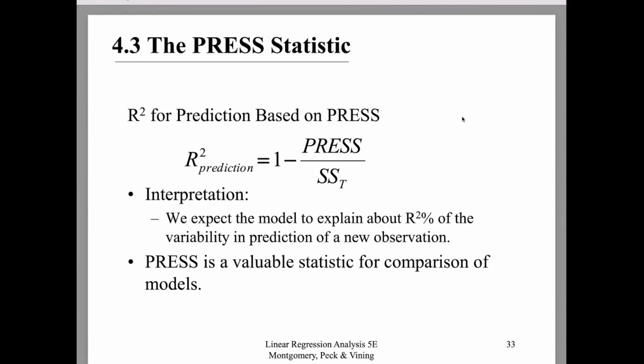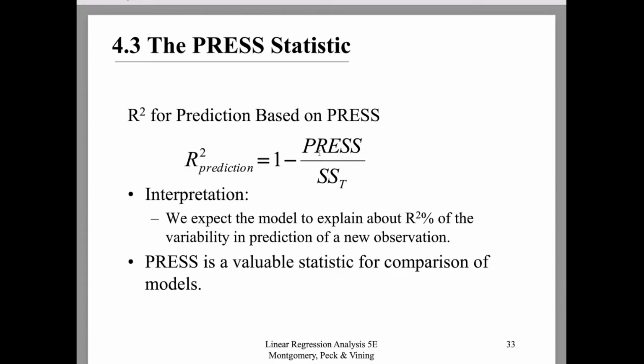Now, just as there is an R-squared value for a given fitted regression model, R-squared again being the coefficient of determination, there is an R-squared value based on the PRESS statistic. We call this the R-squared for prediction, and it's given by 1 minus the value of the PRESS statistic divided by the total sum of squares.